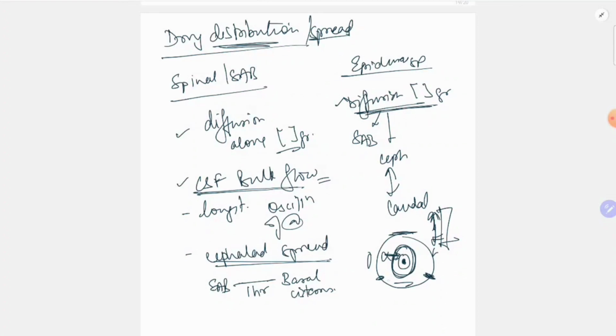It can bind to the fat, and obviously there will be vascular uptake. But here the major force of spread is the diffusion. We do not have the luxury of CSF bulk flow or any bulk flow in the epidural space.